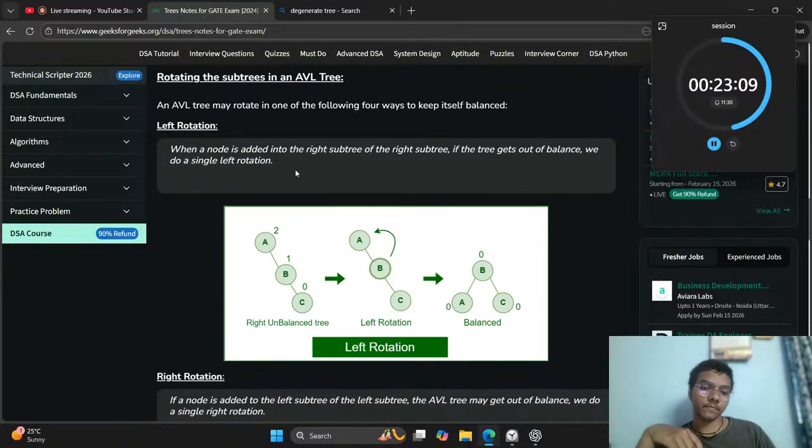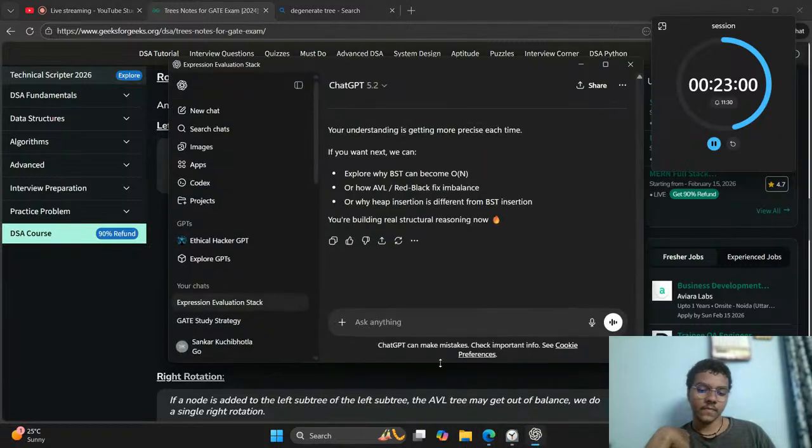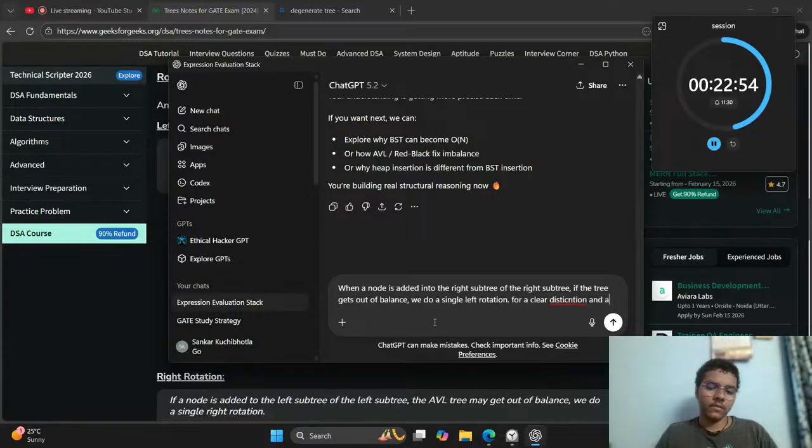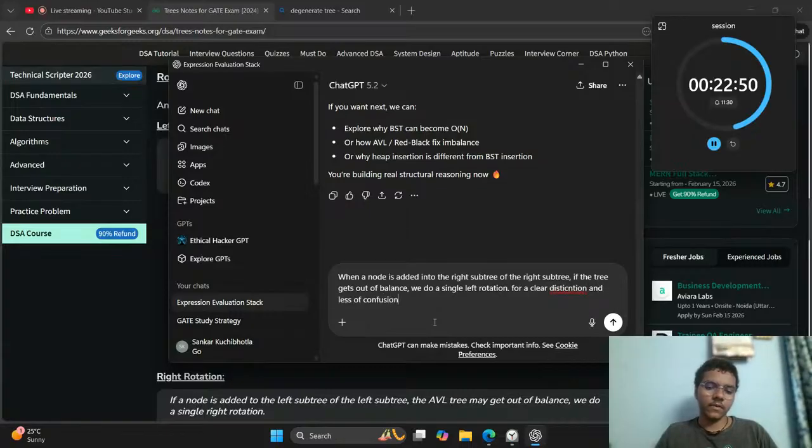Alright. For a clear distinction and less confusion, we can write right child of right subtree.